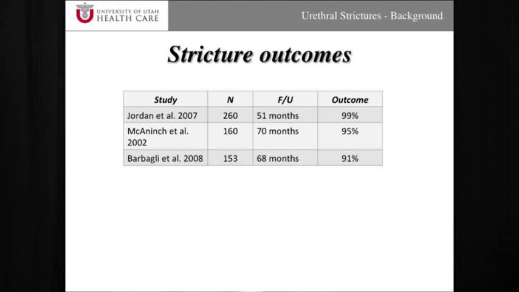As I mentioned, the outcomes in the literature are really great for urethroplasty, they're greater than 90%, although the caveat is that a lot of these outcome measures are based upon clinical outcomes, not necessarily the anatomic outcomes that I mentioned.